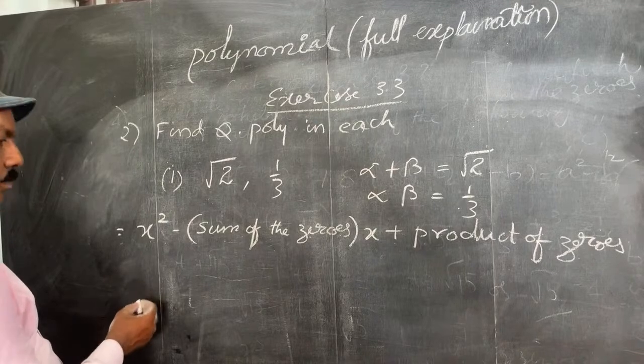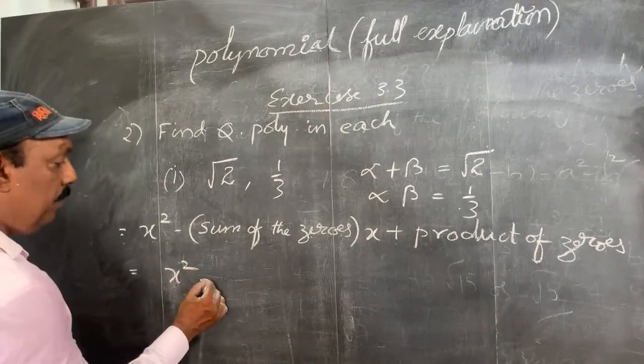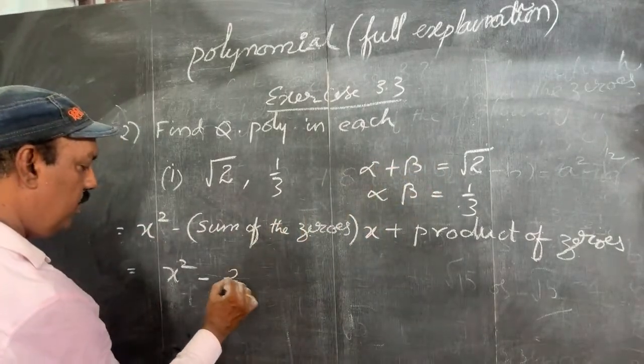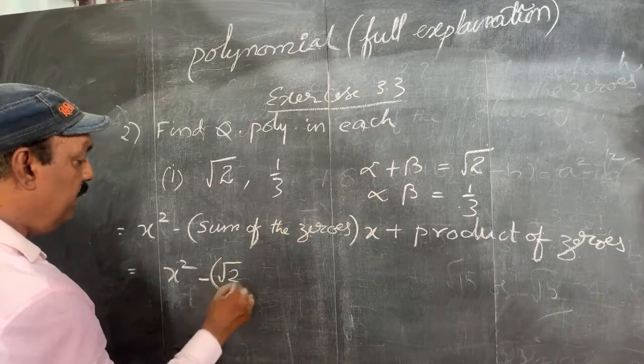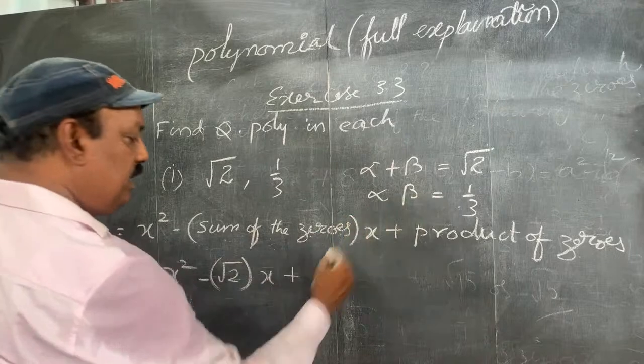Now here, in the place of x, I will keep x only. In the place of the sum of the zeros, I am keeping root 2. Root 2 is the sum of the zeros into x. Plus product of the zeros is 1 by 3.